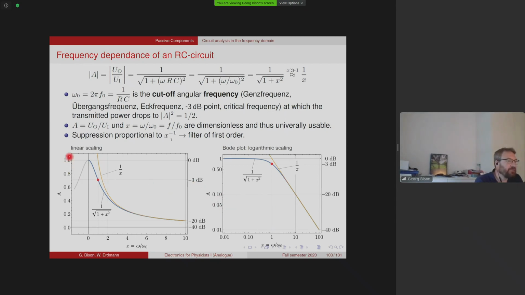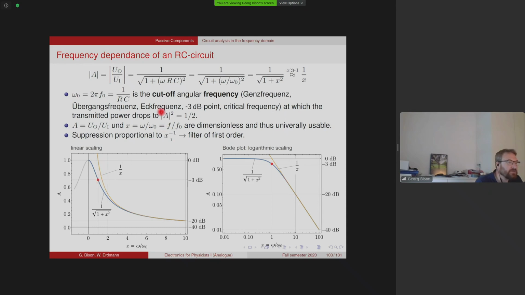If we have a look in linear scaling, you see that the magnitude of the transfer function drops with increasing frequency according to this formula. And if we go to x equals 1, this means that the frequency is equal to the Grenzfrequenz or critical frequency, then we drop to 1 over square root of 2.